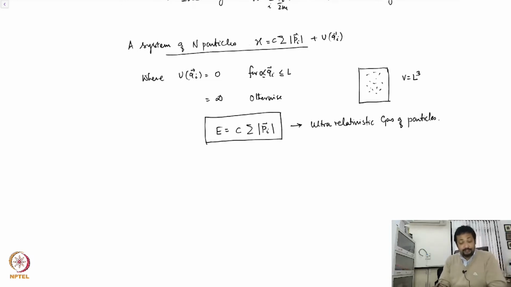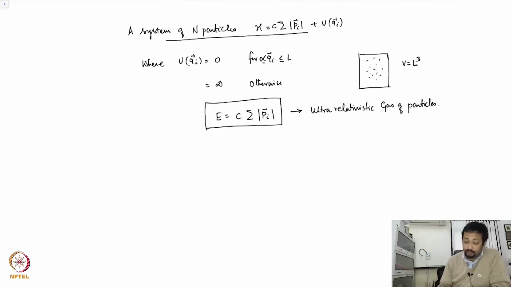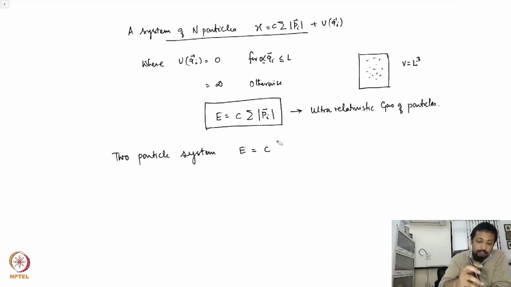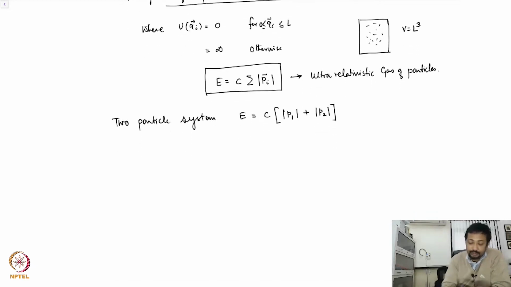Now it's illustrative and instructive to look at a two-particle system first. So let's look at a two-particle system where the total energy is given by c, where c is the velocity of light, times modulus p1 plus modulus p2.